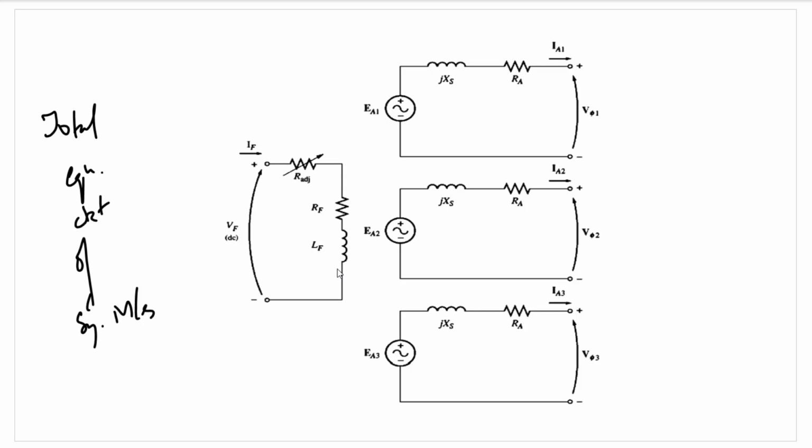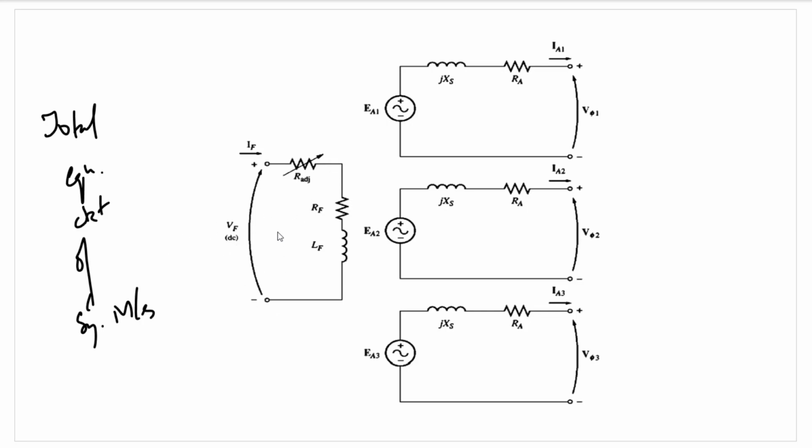Like in the case of induction machines, there will be a separate rotor equivalent and a separate stator equivalent. The rotor will have three phases, the stator will have three phases, but in this case the rotor has no concept of phase, as it is on the DC side.